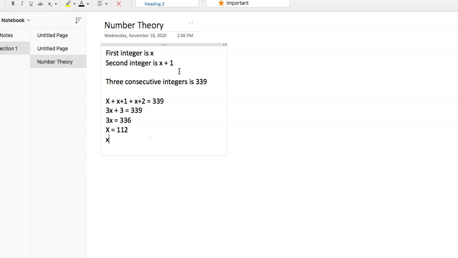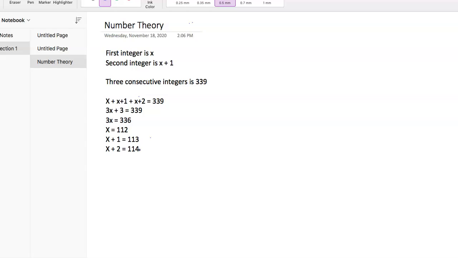The second one was x plus 1, so we'll go back and plug this in. x plus 1 is 113. x plus 2 is 114, right? So the 3 consecutive integers are 112, 113, 114.